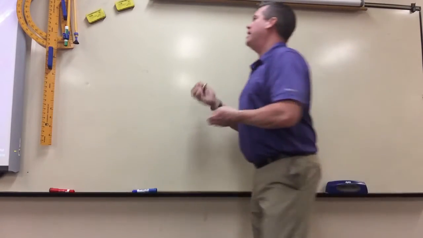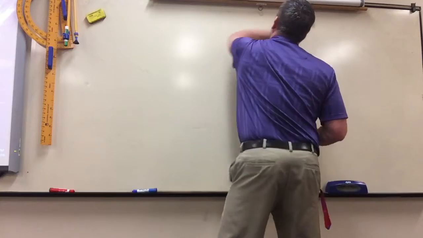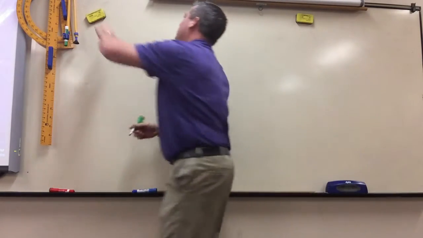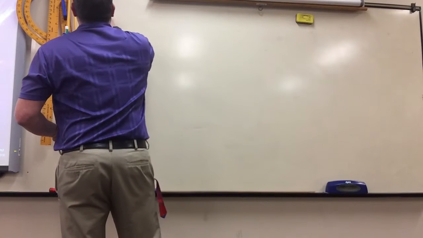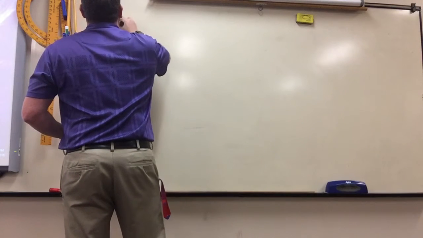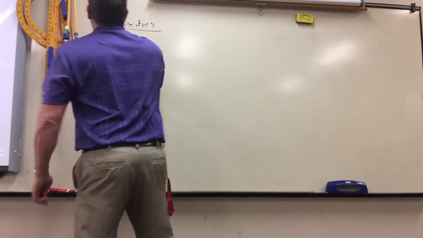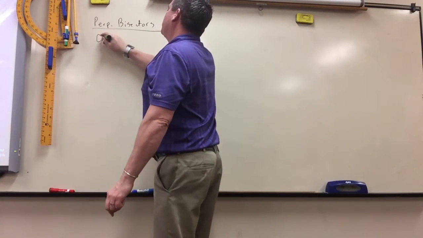Okay, we've got perpendicular bisectors, angle bisectors, medians, and altitudes. So that's the main part of it. Perpendicular bisectors meet at a point called the circumcenter.